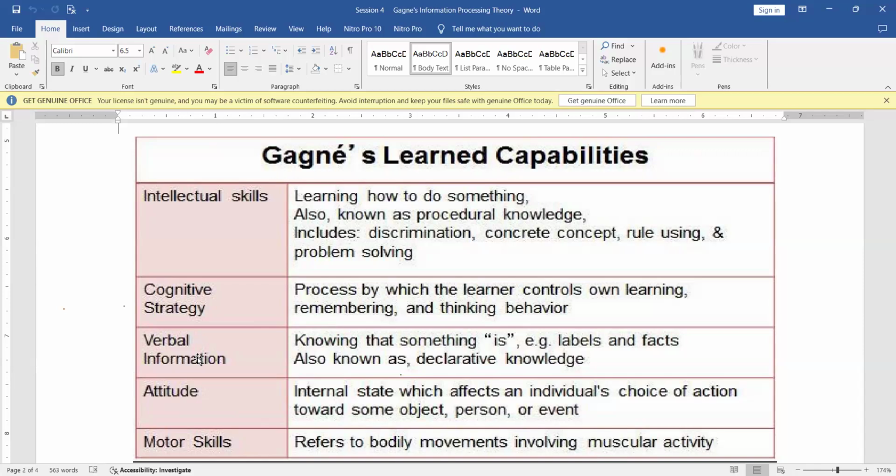And then they can work it out on their own, which works best for them in remembering and thinking and controlling their own learning. That is cognitive strategy. But verbal information and intellectual skills, of course, we get them to develop, but hardly do we think in terms of getting the learner to develop their metacognition or cognitive strategy. So Gagné emphasizes that as well. Is it clear or not clear?